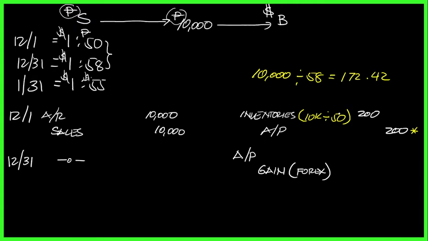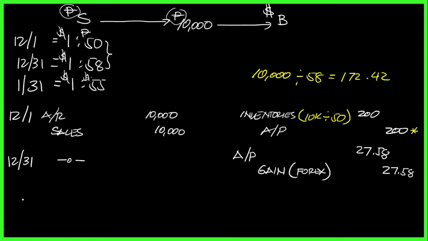We will get 27.58. So that is now our adjustment. Oops, I'm so sorry. So after this journal entry, the value of your accounts payable is now 172.42.